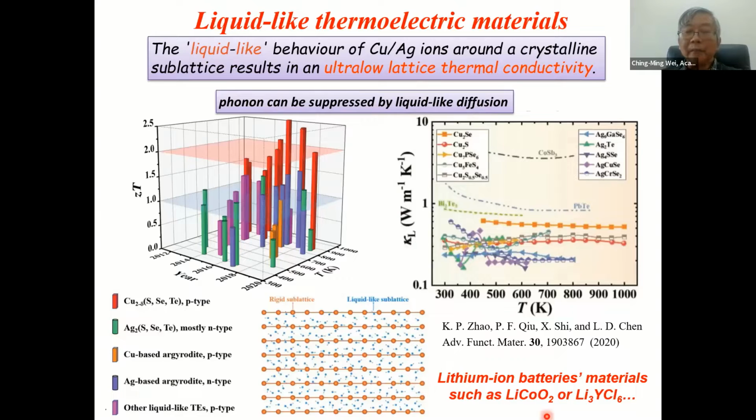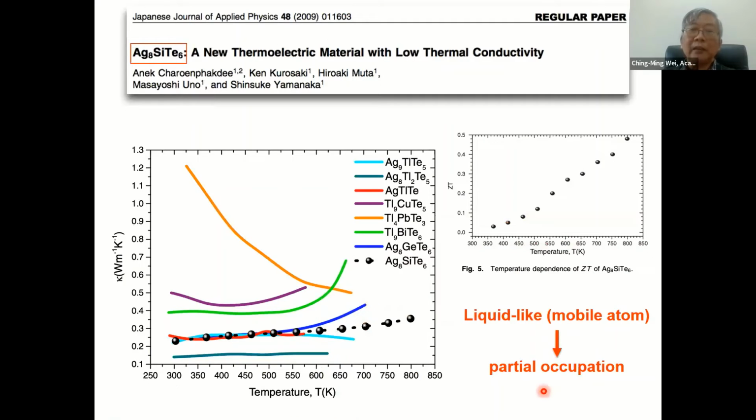Of course, sometimes lithium-ion battery materials are also called superionic materials. However, we have to notice that the lithium ions are fixed at the lattice sites, though they do have a kind of hopping effect. I will show you this later by simulation.